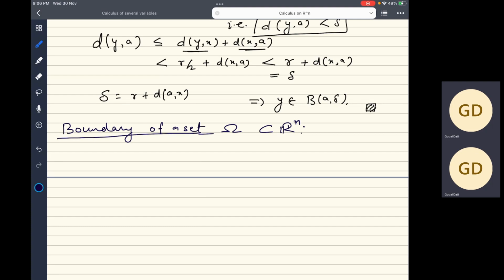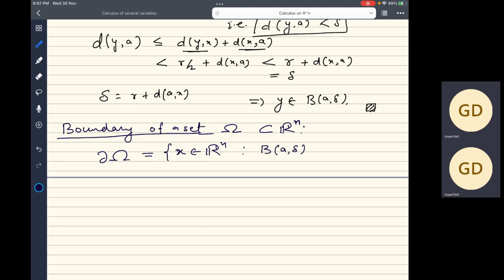We will denote it by del omega, and it is the set of all points of Rn such that every open ball around those points intersects with omega as well as omega complement.